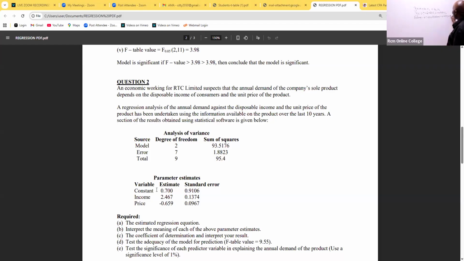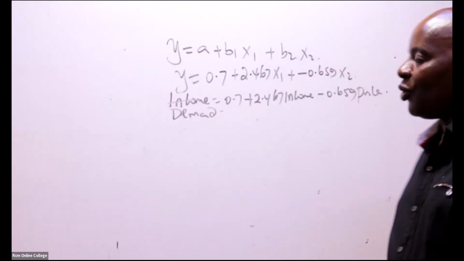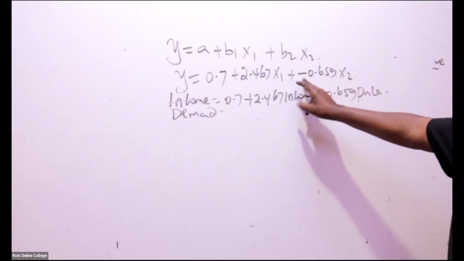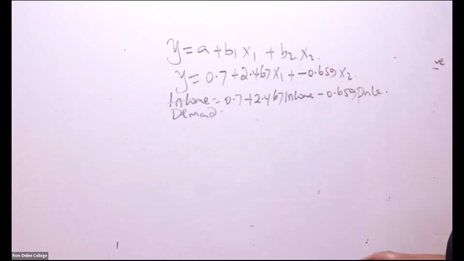So y is not income. The economist working for RTC Limited has annual demand, so this y is annual demand. This is what was expected of you in Roman 1. You can either leave it like this, with plus and minus, or put in the variables like that.